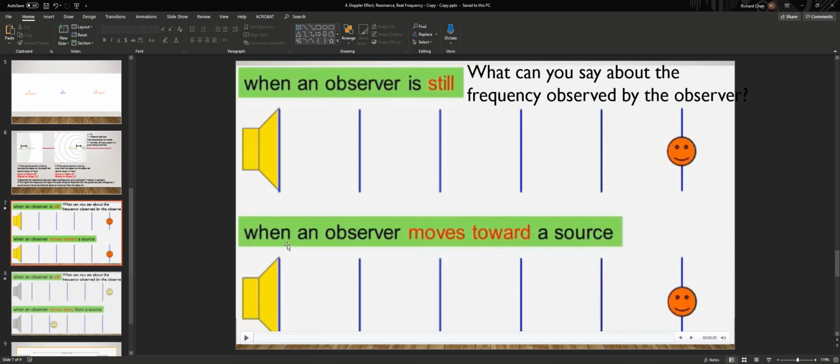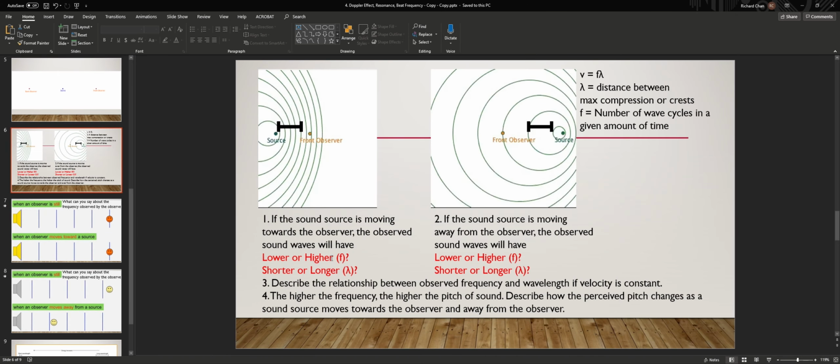All right, so let's actually answer these questions. It's higher frequency and shorter wavelength, and lower frequency and longer wavelength.